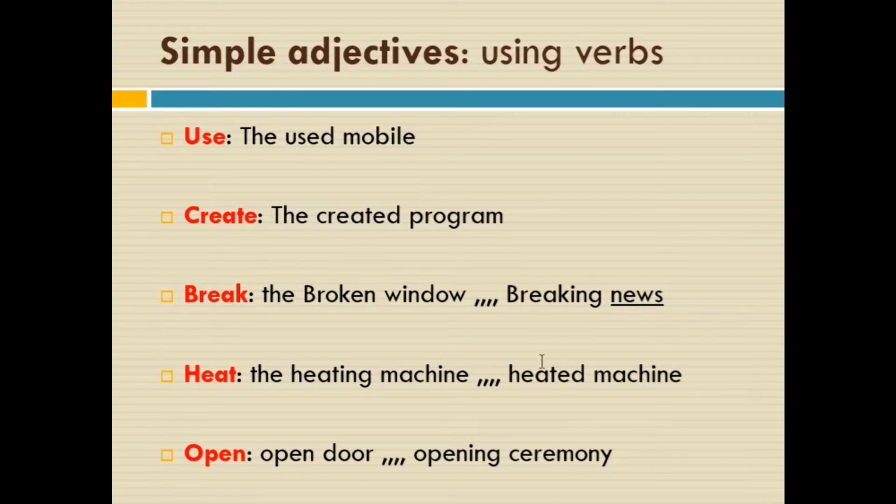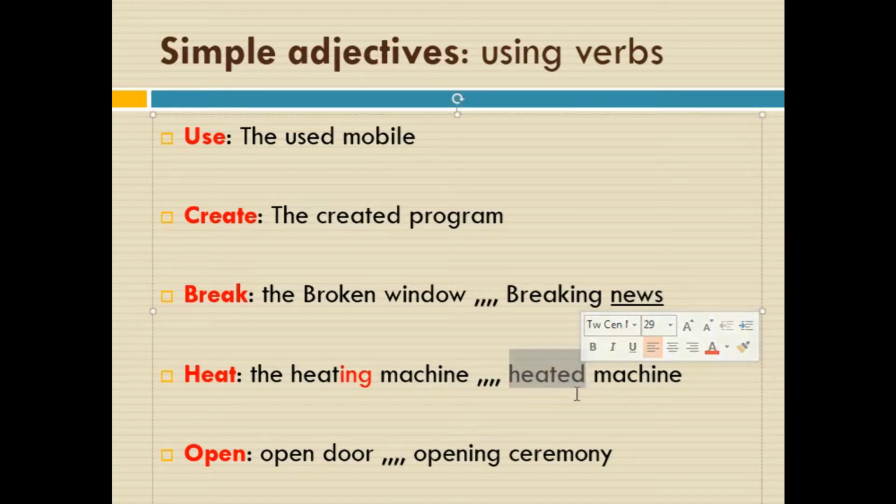It has been described by heated, but it is the object because the machine is being heated by something else, probably by being overused or by another machine, probably by a heating machine. It doesn't really matter, but the main idea is that when you add ing to it, then your described noun is the doer, it's the subject. But when you add ed to it, or you make it a past participle, then this becomes the object, right?